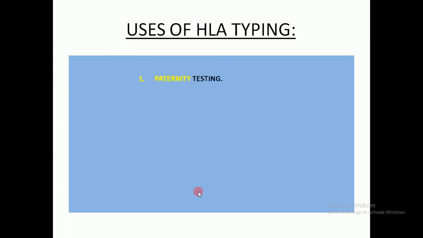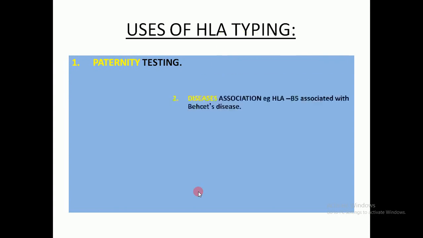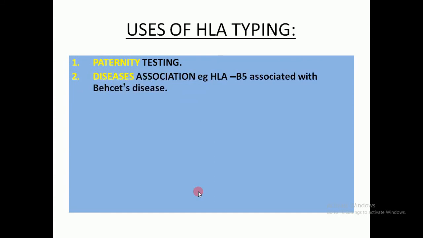Uses of HLA typing. First, paternity testing in forensic medicine to prove the identity of an illegitimate baby. And disease association, most commonly Behçet disease with HLA-B5 and ankylosing spondylitis with HLA-B27.